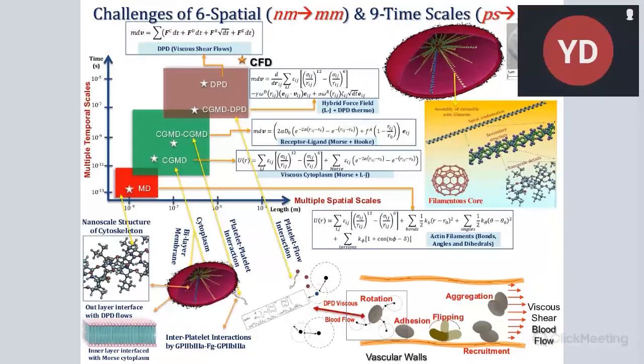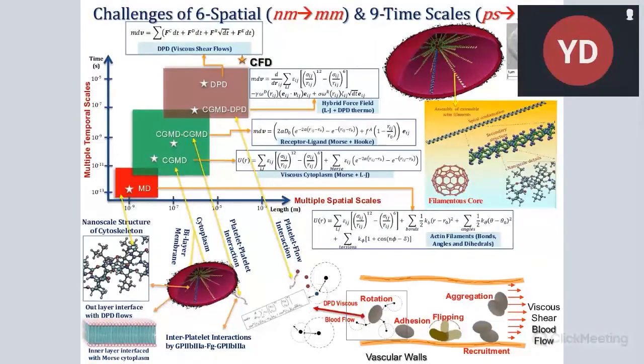This picture is the so-called multiscale picture. The upper left picture illustrates how we couple different scales, what physiological components we simulate, and what equations we use to describe the forces of the interaction. As you can see, we go all the way down to the lower left corner of this space and time Cartesian coordinate.